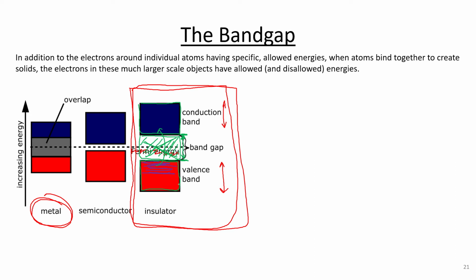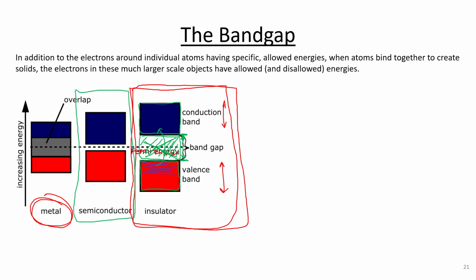Now, an insulator is not terribly interesting because this band gap is such a large energy that you really have to put in a ton of energy and go to a lot of work to get any electrons at all to go into the conduction band and be allowed to move through a material. Now, the interesting class of materials is what we've got right here in the middle, semiconductors.